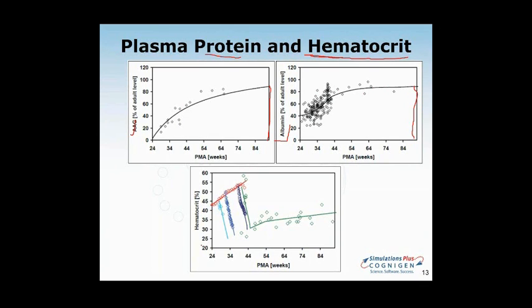It's a little bit more complicated with hematocrit, where you would see significant changes in hematocrit within the first few weeks after birth, and these are also dependent. So the rate of decrease in hematocrit is about the same regardless of whether the baby was born premature or at full term, but the starting point on the decrease will be dependent on the age of birth or on the gestational age.